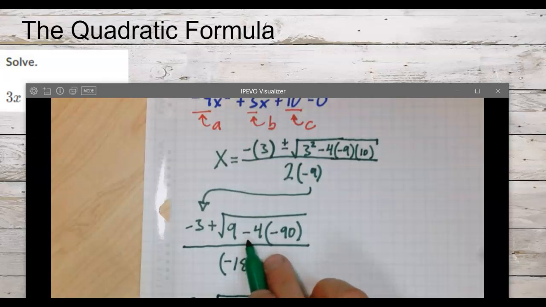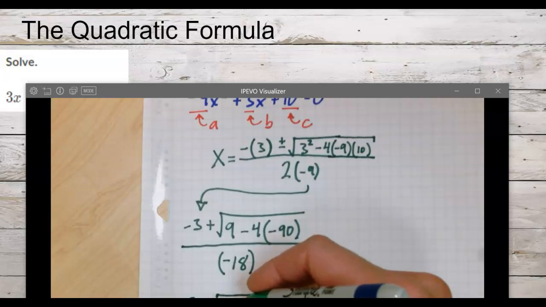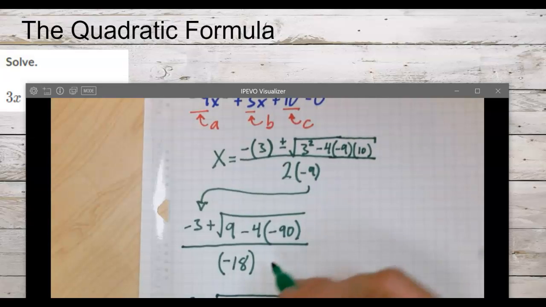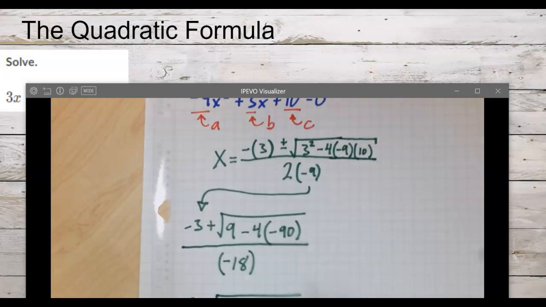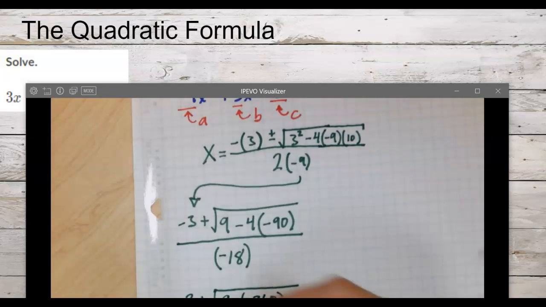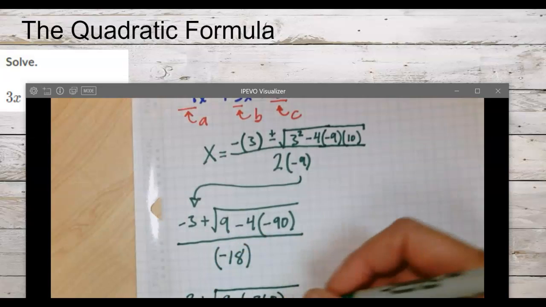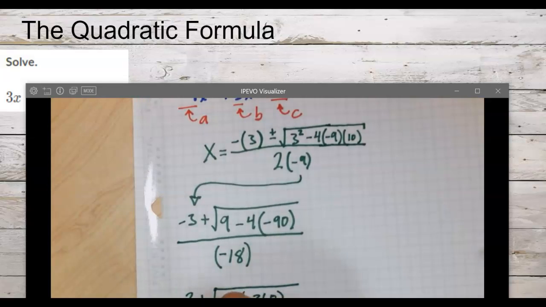Well, what's minus a negative gonna be? I'm gonna go ahead and write it here since I already wrote the minus. 4 times 9 is 36, so 360. Yeah, this is gonna become plus. So this is really negative 3.